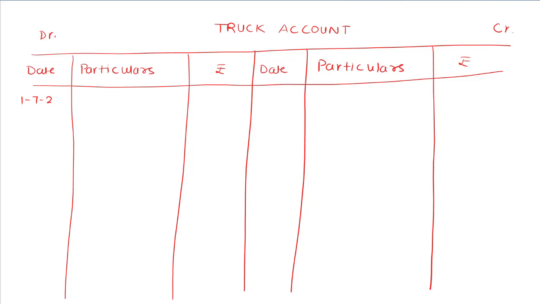Write the date 1st July 2015. 5 trucks were purchased for 2 lakhs each to bank account. 2 lakh multiplied by 5 trucks, so it is 10 lakhs.